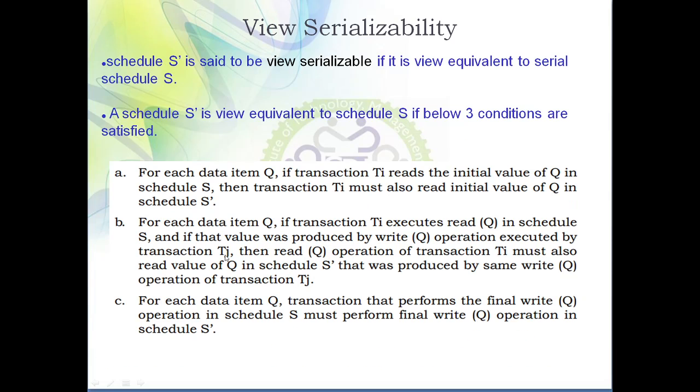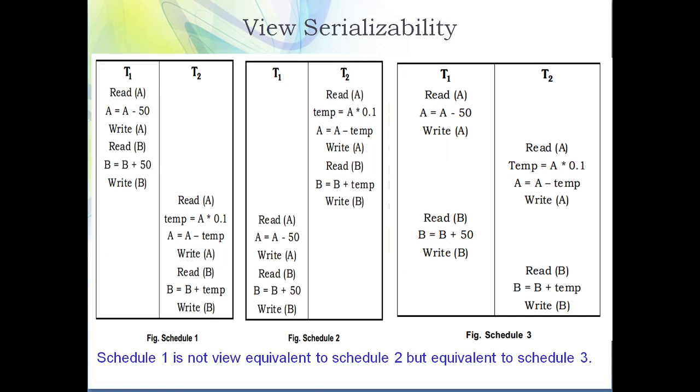Now the next condition: for each data item Q, if transaction Ti executes read Q in schedule S, and that value was produced by a write Q operation executed by transaction Tj, then the read Q operation of Ti must also read the value of Q in schedule S dash that was produced by some write Q operation of Tj. Now what is the meaning of this?